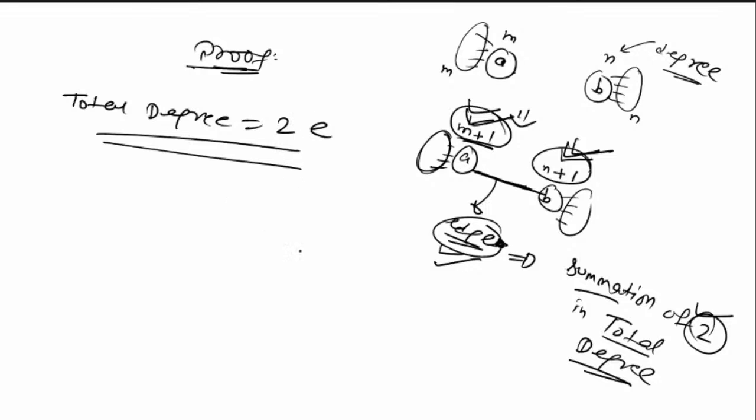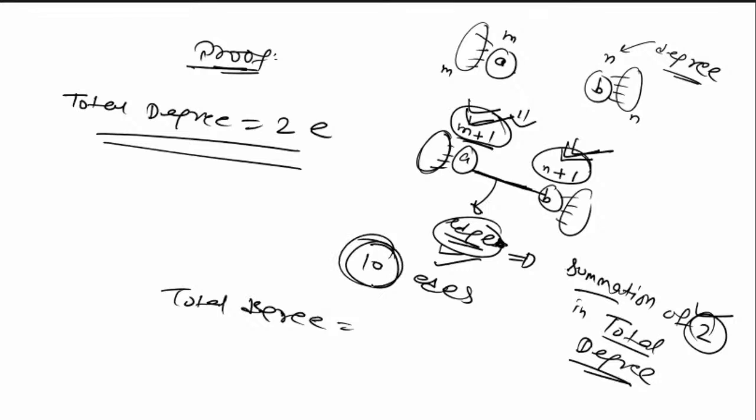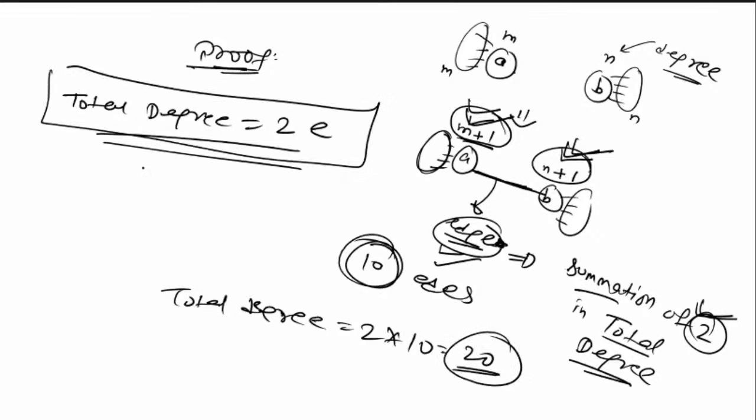For example, if you have 10 edges, then every edge is contributing 2, so 10 edges will contribute 20. The total degree will be 20, because every edge gives you a summation of 2. This is your degree sum formula.